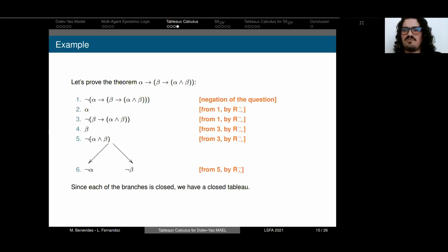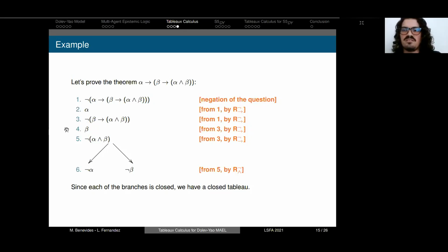Just for example, if you try to prove the theorem alpha implies (beta implies (alpha and beta)), we start by denying the formula. So using rule not implies in line 1, we have alpha. We also have not (beta implies (alpha and beta)). We use the same rule now in line 3.